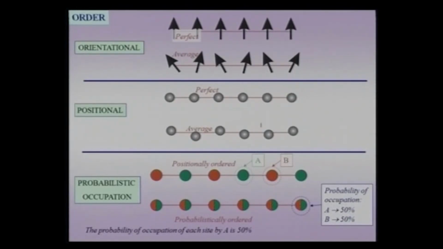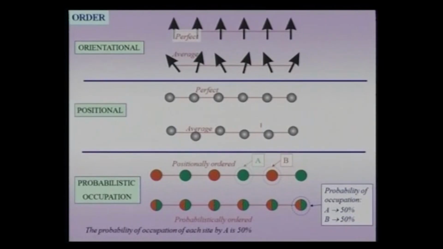So this is the picture I was giving, for instance, for thermal vibration. At any instant of time, atoms may not be sitting at the lattice point, they may be away from the lattice point, but still in the average sense they are around a lattice point. So even in these cases I can consider this as an average positionally ordered crystal. So I can have true orientational order or an average orientational order, true positional order or an average positional order when I am describing crystals.